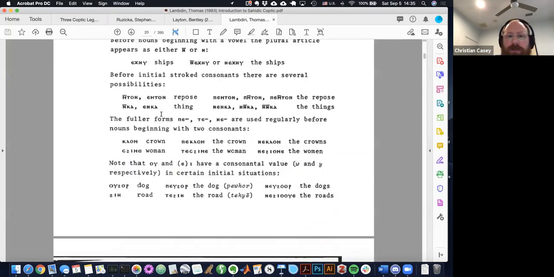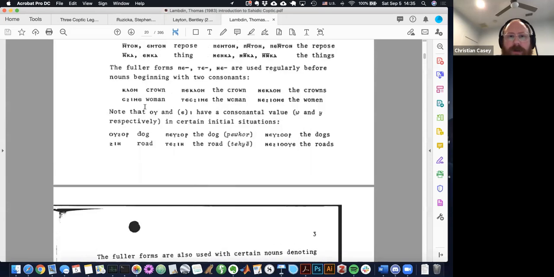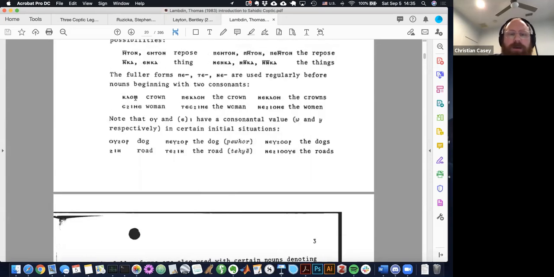Then the last thing I want to point out in this chapter is that words that begin with two consonants use a slightly different form of the article. So here for shime, woman, we would expect tshime, just a T right on the front of the word, but the rules of Coptic pronunciation forbid more than two consonants in sequence.